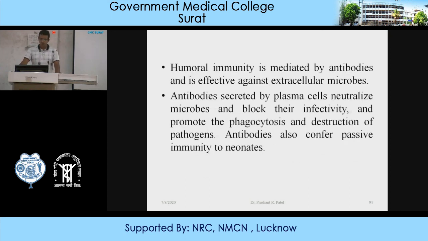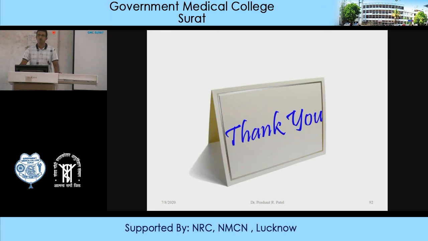Humoral immunity is mediated by antibody and is effective against extracellular microbes. Antibodies secreted by plasma cells either neutralize microbes or block their infectivity and promote phagocytosis and destruction of pathogens, and antibody also confers passive immunity to neonates. So this is all about how our immune mechanism works.